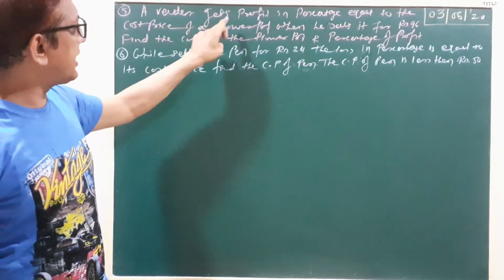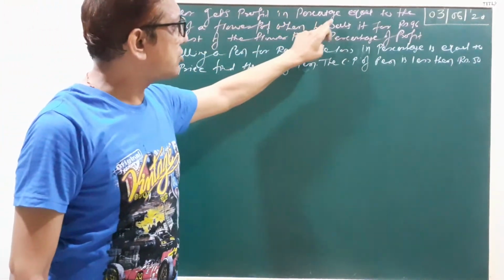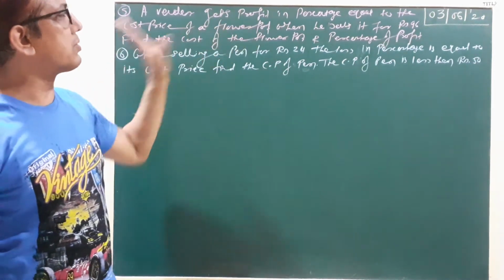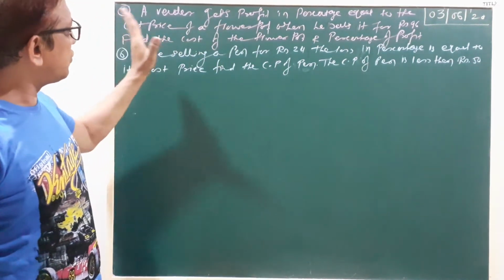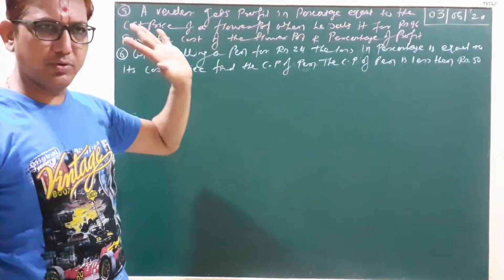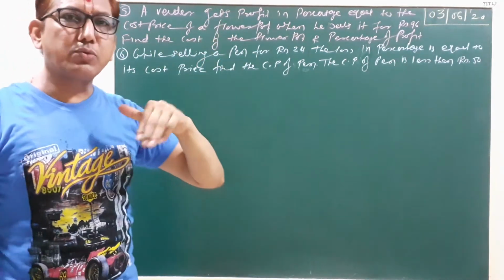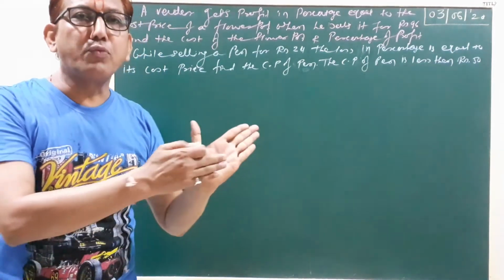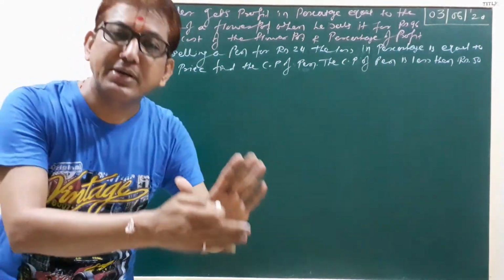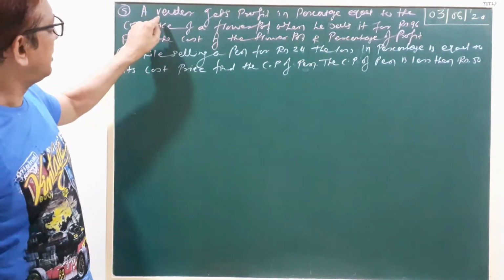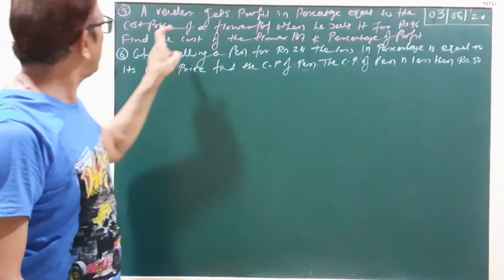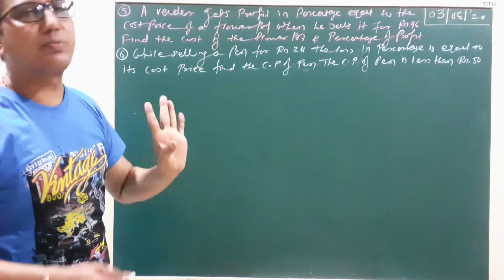A vendor gets profit in percentage equal to the cost price of a flower pot. Suppose the cost price of a flower pot is 50 rupees. So profit is 50 percentage.